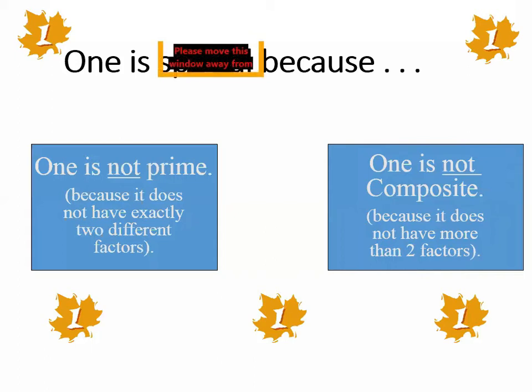It has neither two factors nor more than two factors. So 1 is neither a prime number nor a composite number.